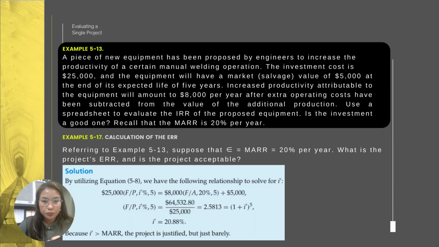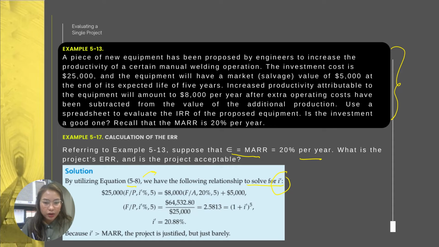Let's go straight to an example, the calculation of the ERR. This refers to problem 5-13. Suppose that E is equal to the MARR, which is 20% per year. What is the project's ERR, and is the project acceptable? The solution utilizes equation 5-8, to solve for I prime.